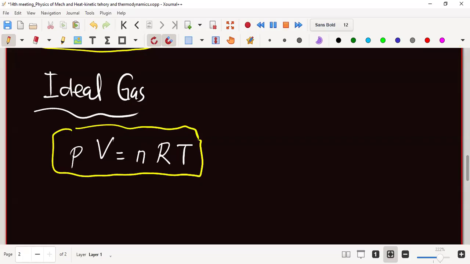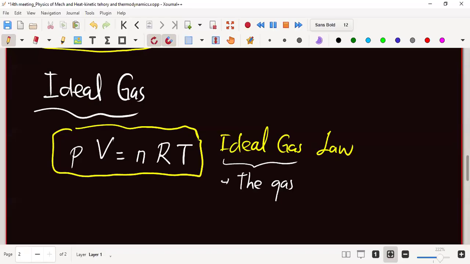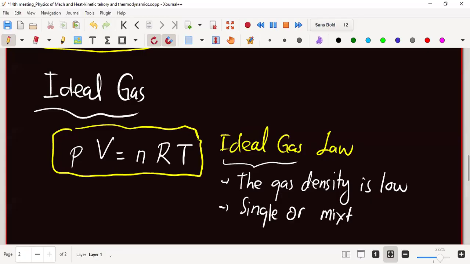So an ideal gas is a gas whose density is low, and this also applies to a single gas or a mixture of gases.